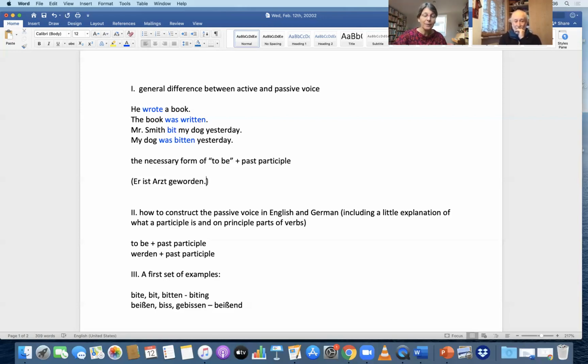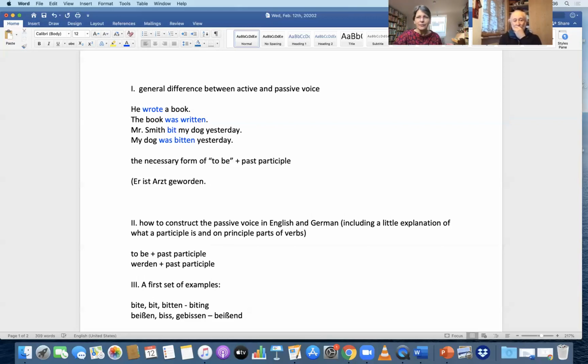But when I say, like, I fixed a cake and the cake wasn't eaten, so der Kuchen ist schlecht geworden. That's also not passive voice.